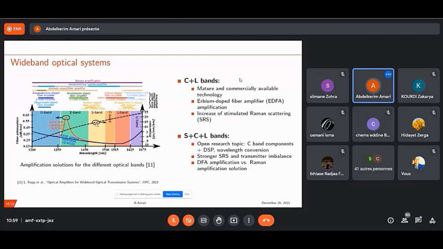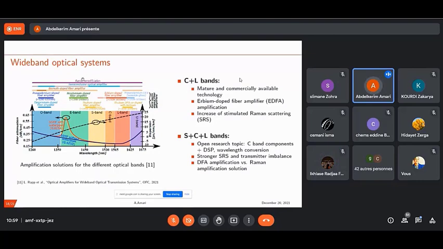Another issue with S-band transmission is the amplification, because the EDFA does not cover the S-band and does not give the required performance. So some solutions are to use thulium-doped amplifiers for the S-band and EDFA for the C plus L-band, or using other kinds of amplifiers like semiconductor amplifiers or Raman amplifiers.